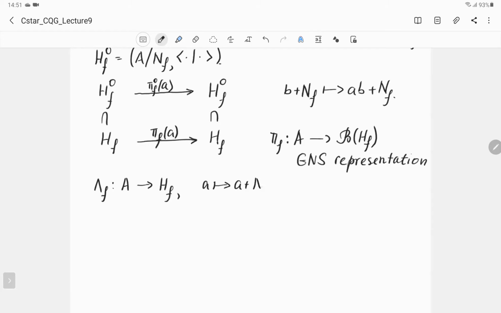It's just the composition of the quotient map with the inclusion map from H_f^0 to its completion. And this map has the following three properties. First of all, the image of this map is dense in H_f.